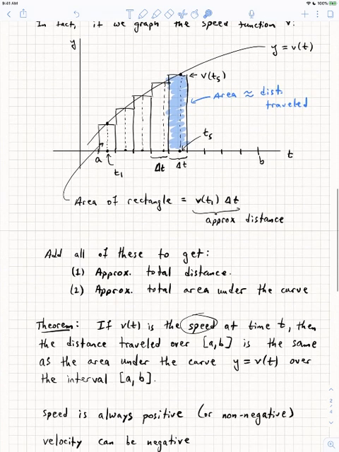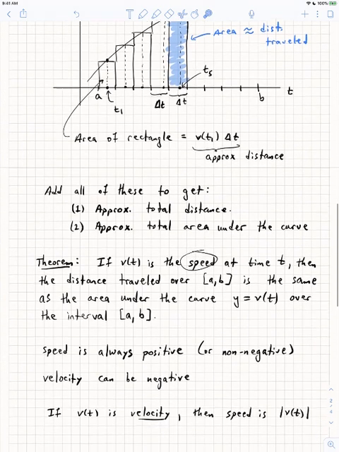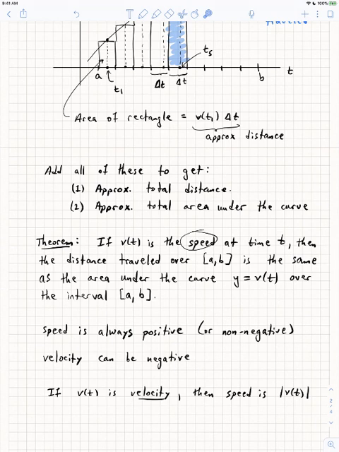So for example, if we fire a rocket straight up, and v of t is the instantaneous velocity, then as the rocket is shooting up, the velocity is positive. But as it starts coming down, the velocity is negative. And after it hits the ground, the displacement is zero. It certainly still traveled a distance, but it came back. So there's a positive distance traveled and a zero displacement because it ended up where it started.